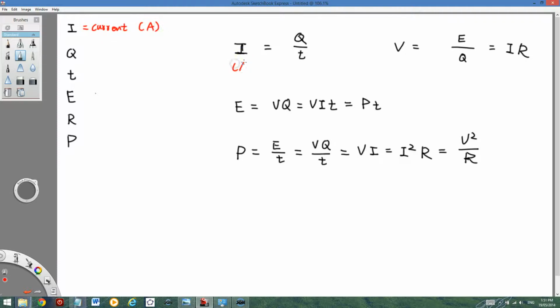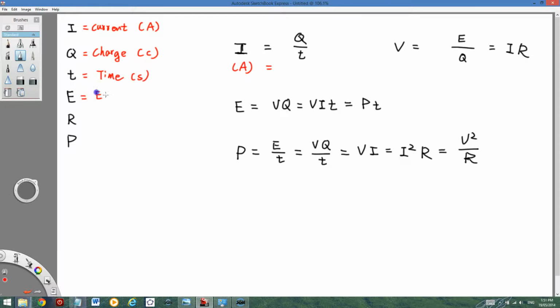Q stands for the charge, and its unit is coulomb, which starts with a capital C. C stands for coulomb, not charge. Q stands for charge. And T will be time, measured in seconds.